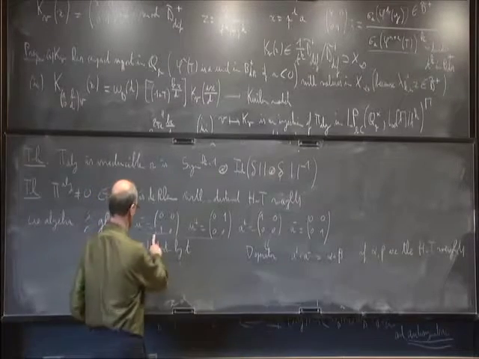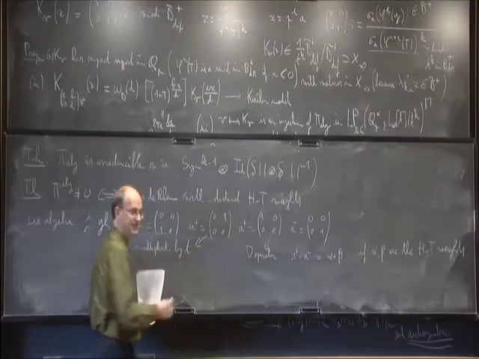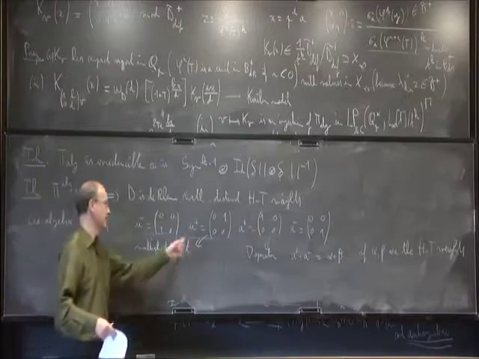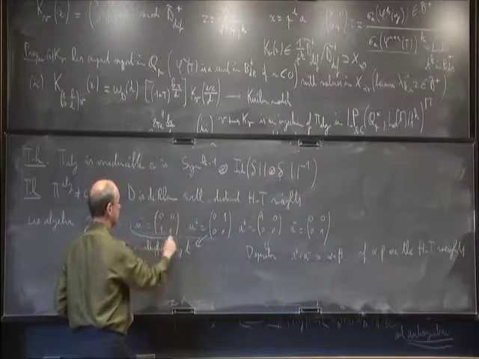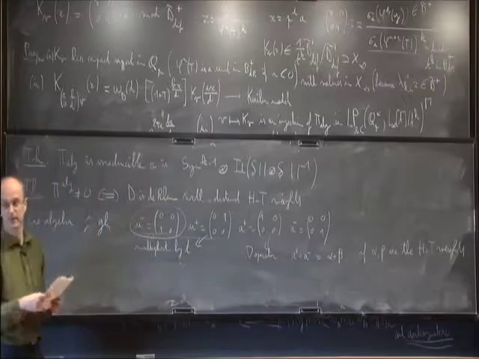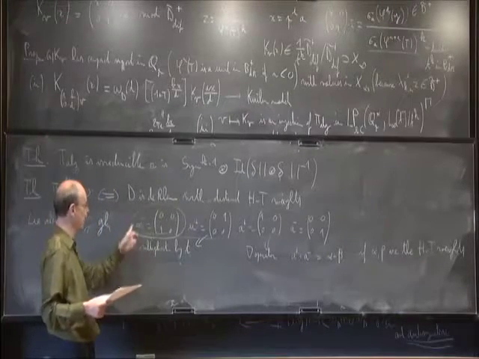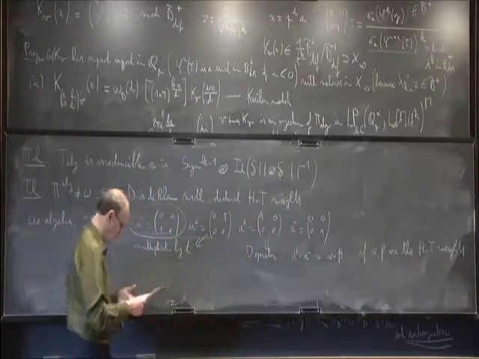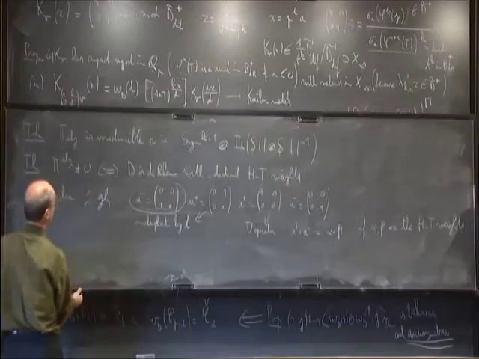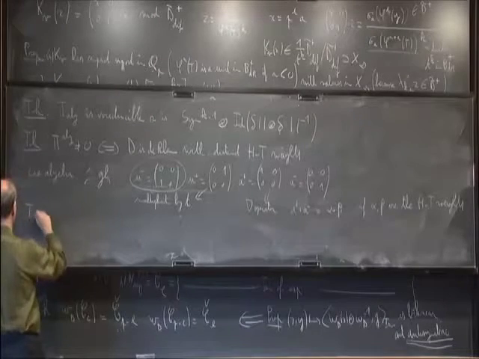Sorry, it's this one, A plus, this one. And now what is very mysterious is the action of this element. And so we have to analyze the kernel of this thing on the things which are already killed by these two. And what Dospinescu proved is the following thing.